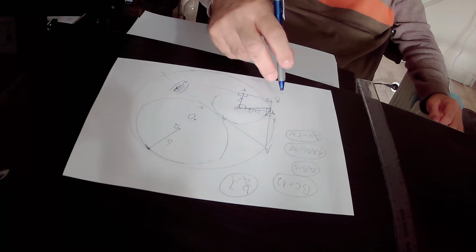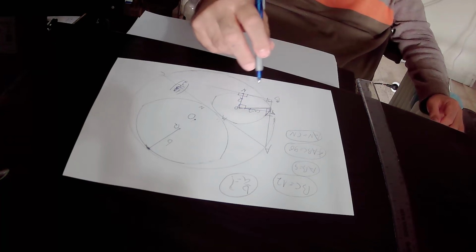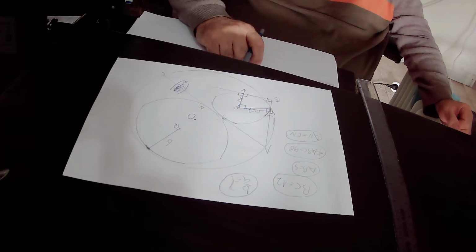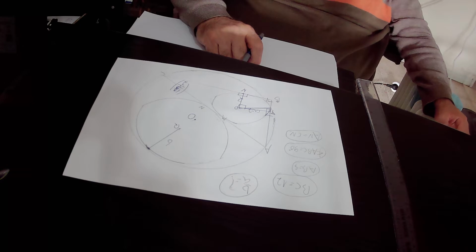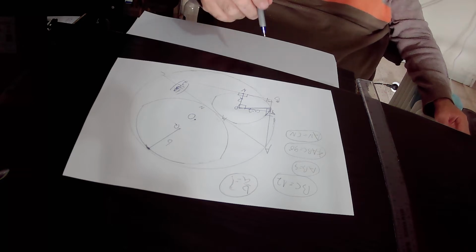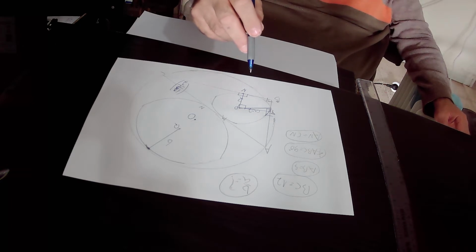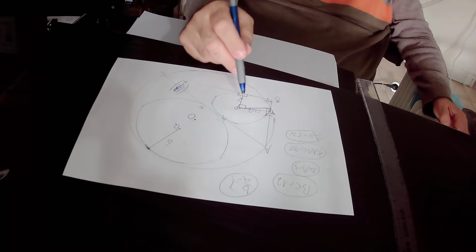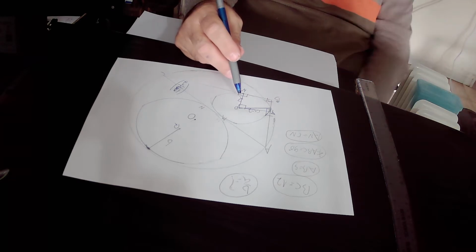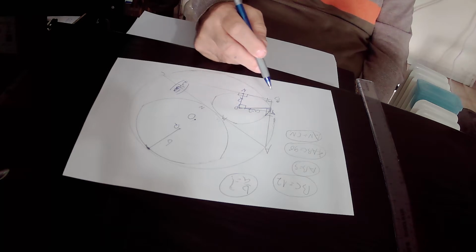So in quadrangle TBNP we have 4 right angles. Any quadrangle that has 4 right angles must be at least a rectangle if not a square. So we relate to quadrangle TPNB as a rectangle. We know that the opposite sides of a rectangle are equal to each other. That is to say PN equals TB.